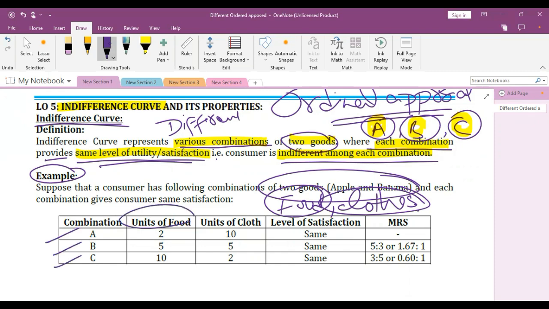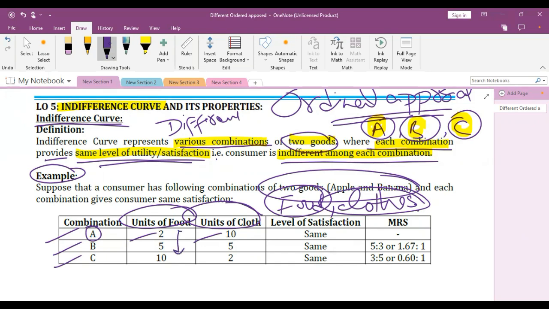First combination of food and clothes is he is consuming 2 units of food and 10 units of cloth. So this level A gives him satisfaction. Now he wants to increase the units of food from 2 to 5.